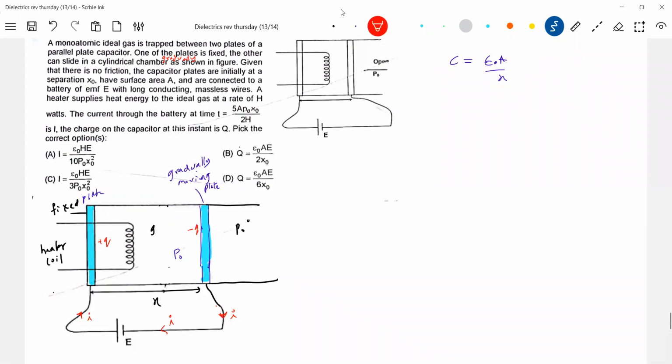Minus Q. What is the charge? Charge should be equal to C into E. E is not the electric field, it is the applied EMF. I think many places I have to change. Let me keep this one. So charge should be equal to C into epsilon naught A by X into E. Expression for current. The current is the rate of flow of charge. So therefore I is equal to dq by dt, which is minus epsilon naught A by X squared dx by dt into E.